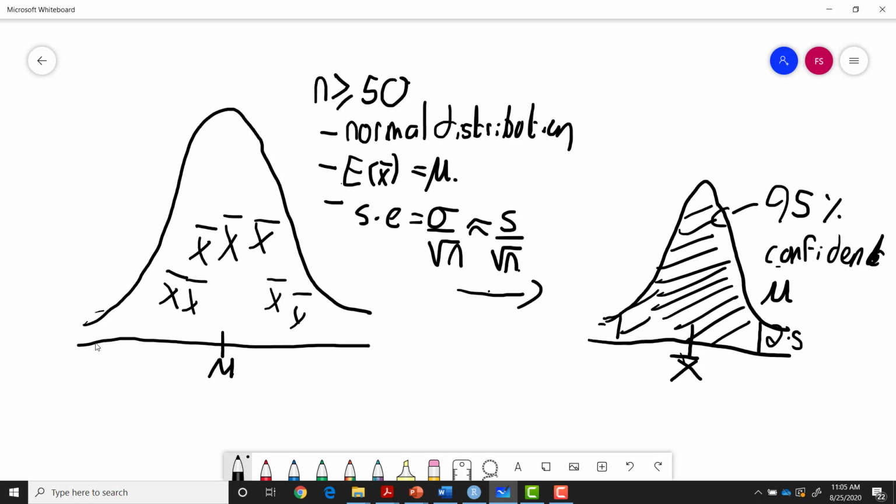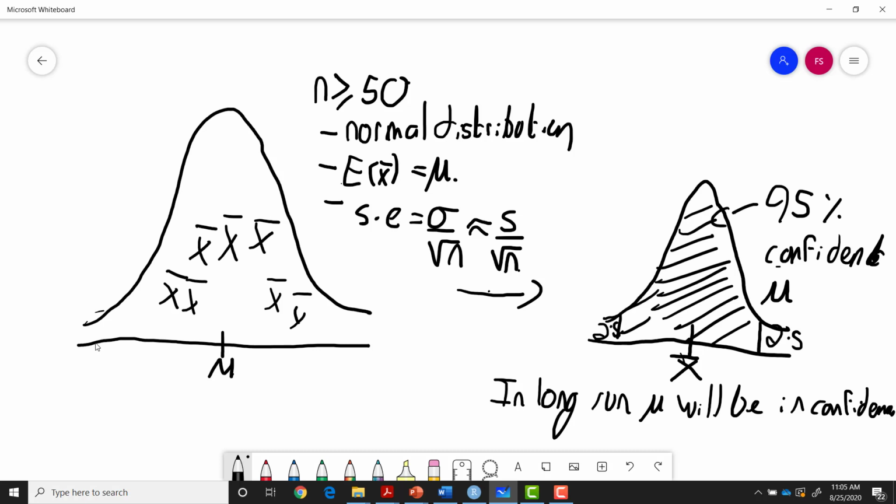But in fact, the better way of saying it, the more statistical way, is that in the long run, the true mean, mu, will be in the confidence interval (95 out of 100 times).